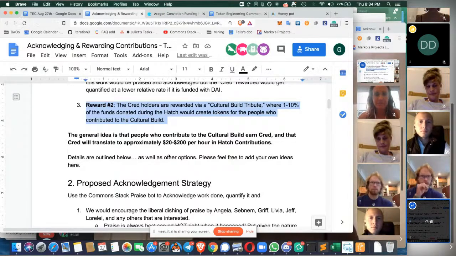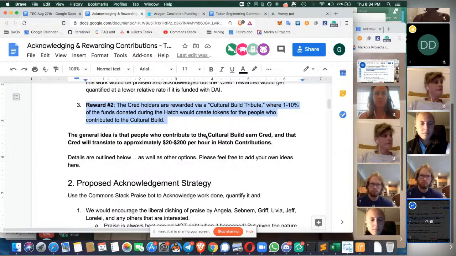And people would actually receive what we're calling a cultural build tribute, where let's say we raise $100,000, and that's like the lowest end of what we would raise. Then 10% of that money, $10,000, would actually be used to give the people who participate in the cultural build tokens from the hatch.